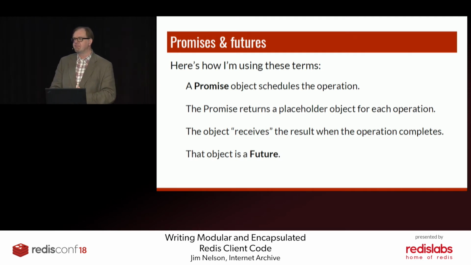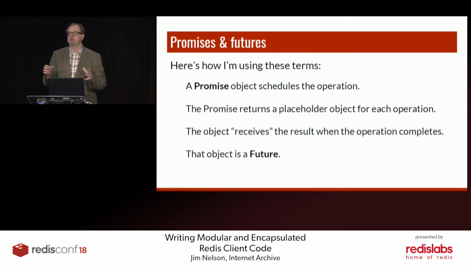Actually, in the case of a pipeline for Redis, it returns the pipeline object itself, so you can do fluent programming. But in this case, it's actually returning a separate object for each operation. That object receives the result when the operation completes, and that object is a future. So a promise generates one or more futures in this particular model.